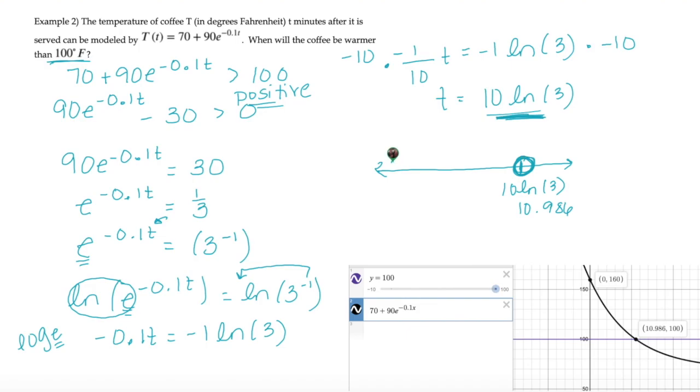Also, when I'm thinking about little t being time, would you agree that time starts at 0 and goes to infinity? We can't have negative time. So we can have time be 0. We need to check a value in between 0 and 10 times the natural log of 3, which is approximately 10.986.